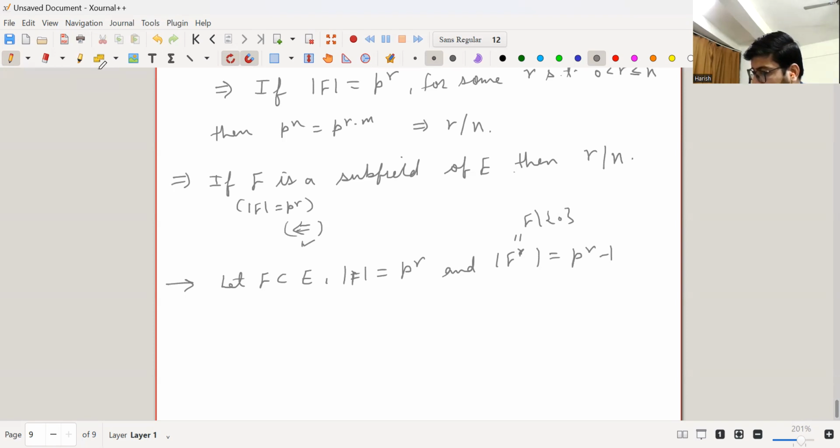This is a cyclic group, which we will see in the coming lectures, and F star forms a group under multiplication.